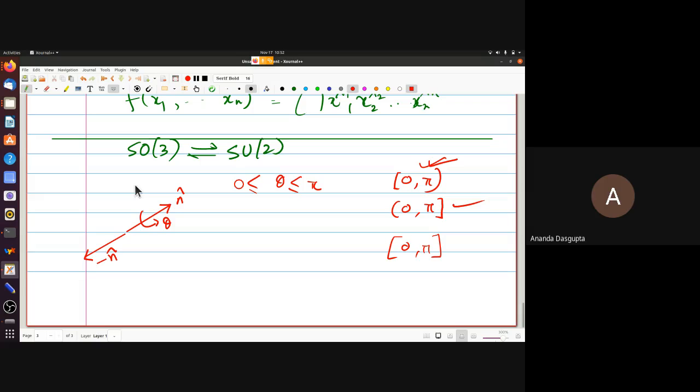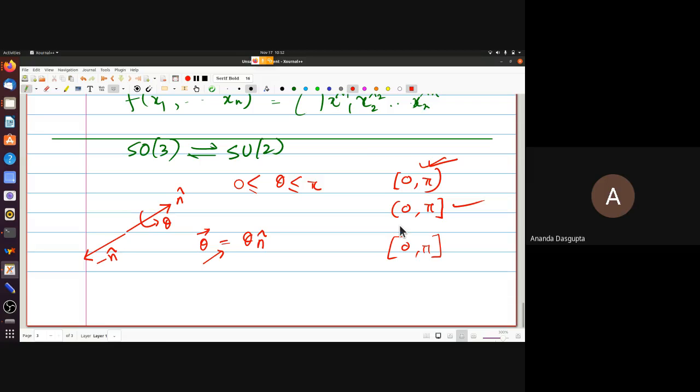But let me just quickly tell you what the parameter space is going to be like. Instead of specifying the n hat and the angle theta, you can actually cheat a bit. Just take a vector whose magnitude is theta and whose direction is n hat. That way, both theta and n hat are encased in a single vector.